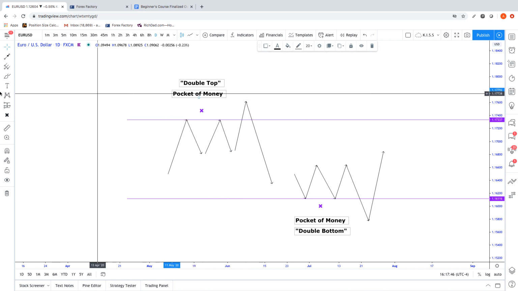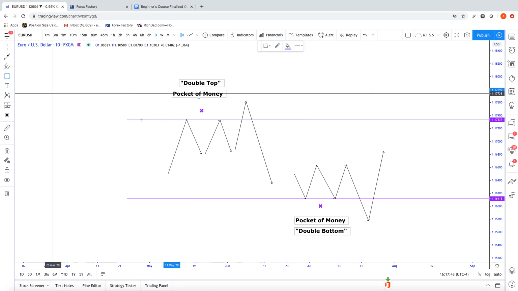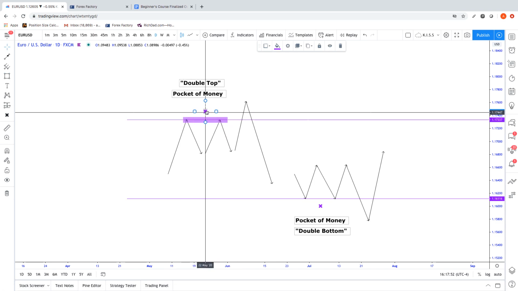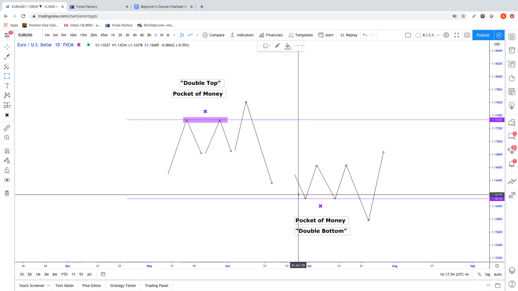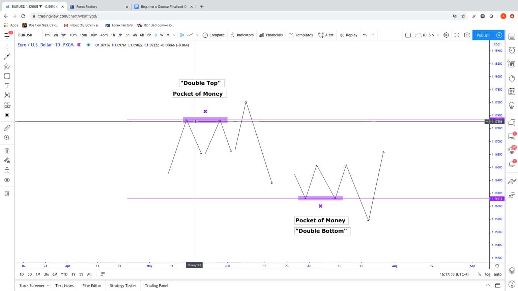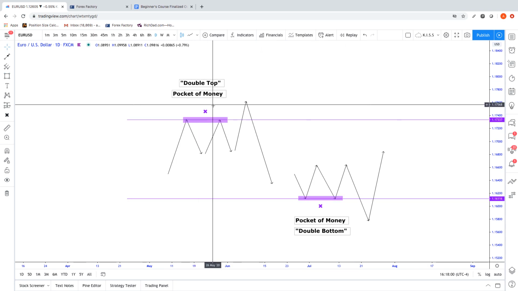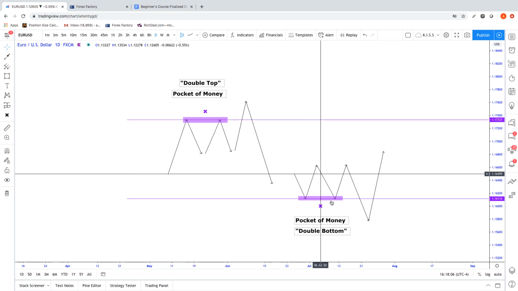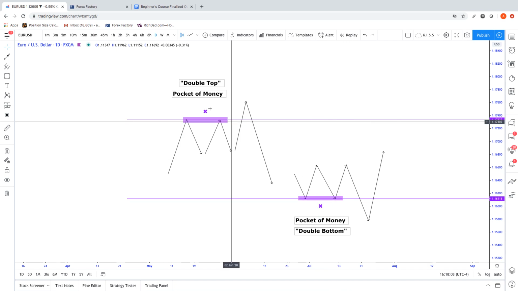We understand and we mark off our liquidity. We mark off our equal highs. We mark off our equal lows. Okay? And we identify these areas above equal highs and areas below equal lows as pockets of money.